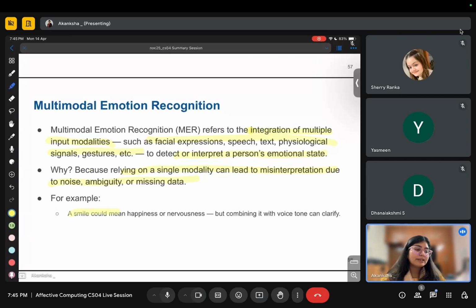So a smile could mean happiness or nervousness, but combining it with voice tone can clarify. ठीक है, so if the voice is shaking, then I can say I'm very nervous. But if I'm actually very confidently saying this thing out, that means voice is not shaking, it is coming out as very confident, I am happy.